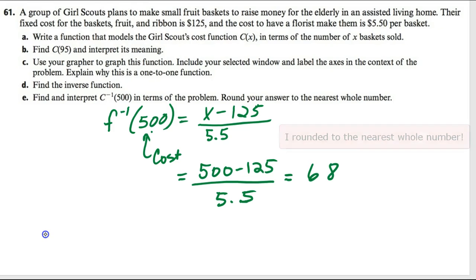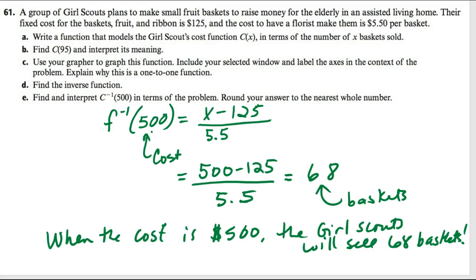This is not cost. Instead, this is the baskets. So you can see on an inverse, your x and your y are swapped. You're undoing the problem. So this means that when the cost is $500, the Girl Scouts will sell 68 baskets.